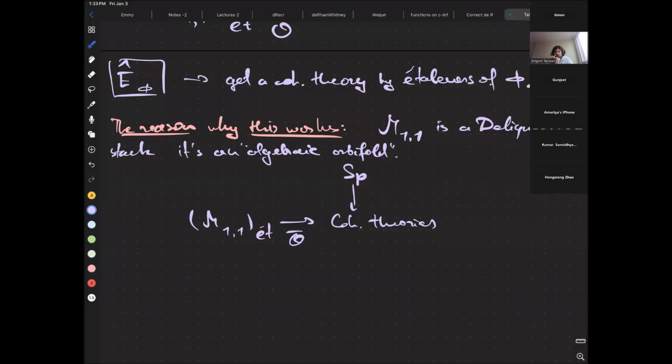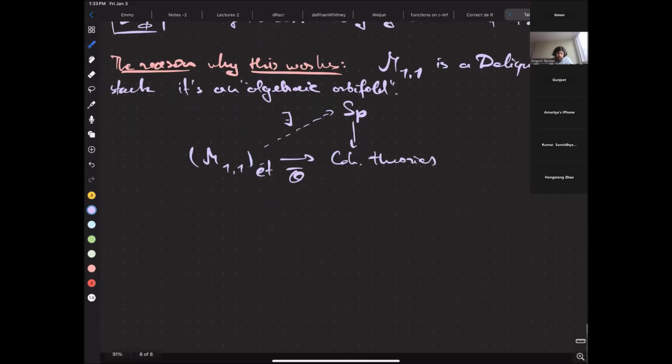Obviously, if you have a spectrum, you can construct a cohomology theory. And then the question is, can you find a lift like this? And the answer is, well, it's unclear, because viewing cohomology theories as additive cohomology theories is not giving you enough structure to answer this question.